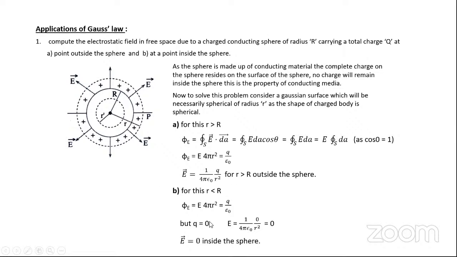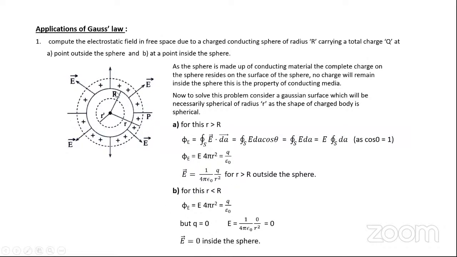Now, when we take this Gaussian surface at distance r dash from the center of the conducting sphere, we find that as the whole charge resides on the surface of the conducting sphere, no charge remains inside. So inside the sphere, Q enclosed is equal to 0, right? Therefore, E will be equal to 0 inside the sphere.